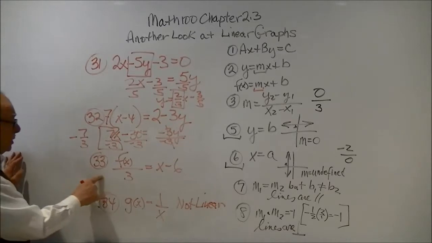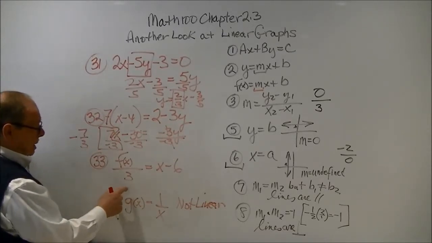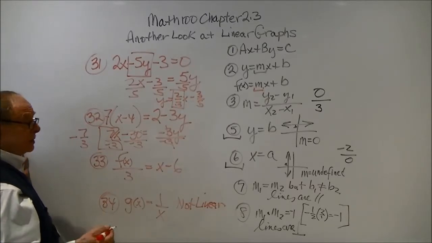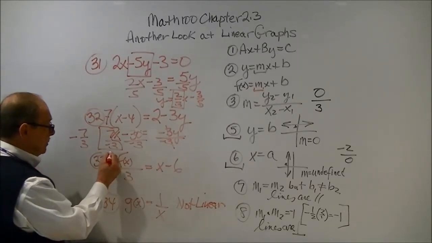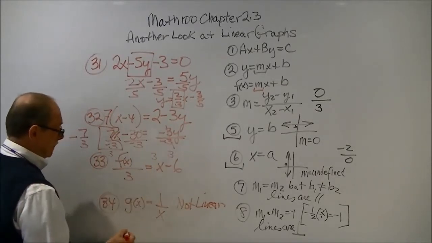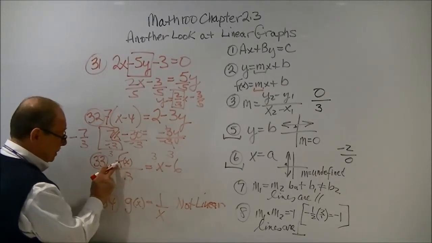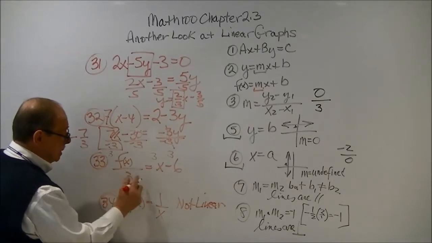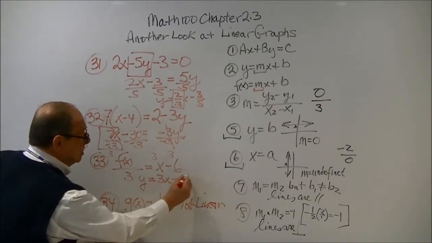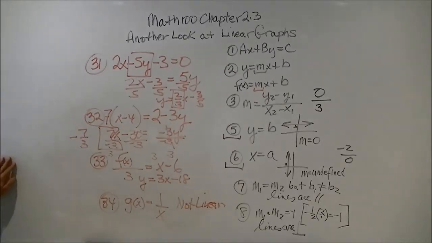In number 33, here we have a fraction. So the same rules for getting rid of fractions. Multiply everything by 3. Here we then get, remember we can change this to y. So this will become y equals 3x minus 18.